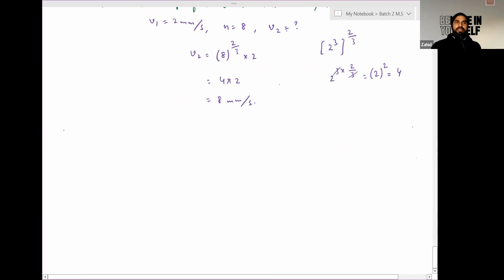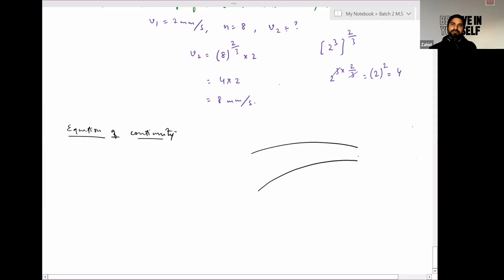Now, the next topic related to this is the equation of continuity. Suppose you have a tube of variable cross section. Area of cross section at this point is A1.